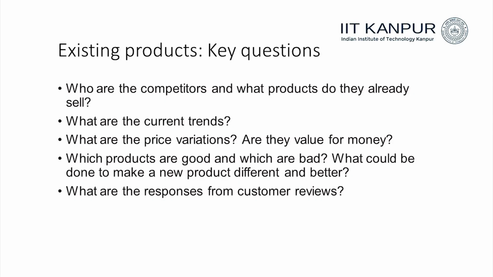So you may ask the question, well, who are the competitors and what products do they already sell? Okay. So if you are trying to create a new smartphone, well, who are my competitors? It would be Apple, it would be Samsung, Sony, Motorola, etc. Okay. So who are the competitors and what products do they already sell? What varieties of smartphones do they sell? And accordingly, how can I define my problem?